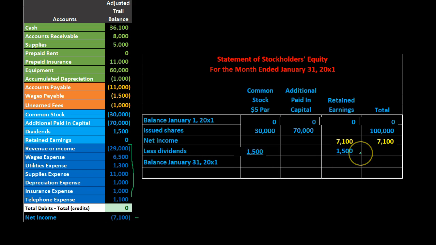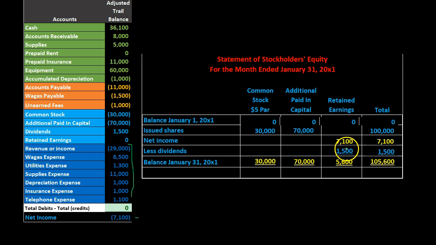We're going to bring that total over. So there's the 1,500. And then we're going to say that we have the balances that we're just going to bring down. So the 0 plus the 30,000 is 30,000 for the common stock. Additional paid in capital, 70,000. Retained earnings, 0 plus 7,000 minus the 1,500. That's often where people get messed up, is by adding these instead of subtracting them.